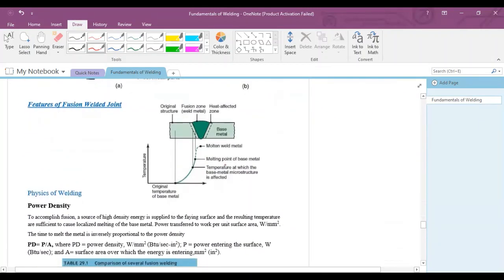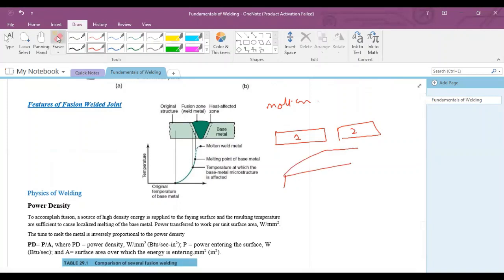In the joining process, we have so many features of a fusion weld joint. Fusion means in molten state. If you have this plate and this plate, right, plate 1 and plate 2, in 3D it will look like this.